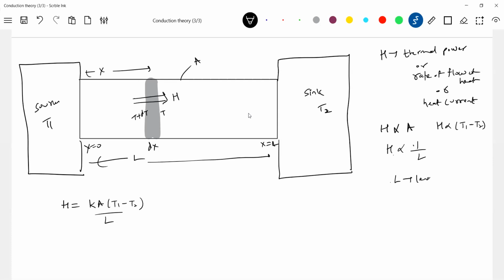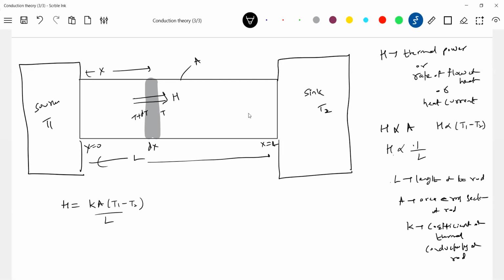L is the length of the rod, A is the area of cross section of the rod. K is the coefficient of thermal conductivity of the rod. What can be the unit for K?